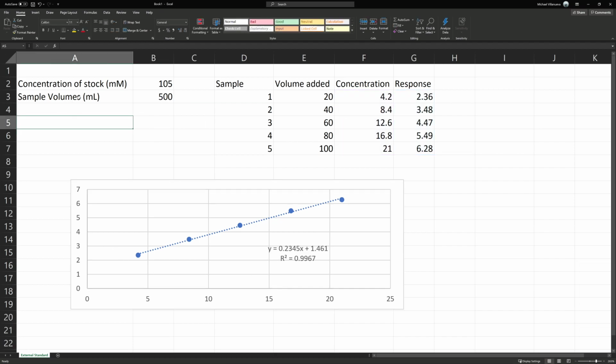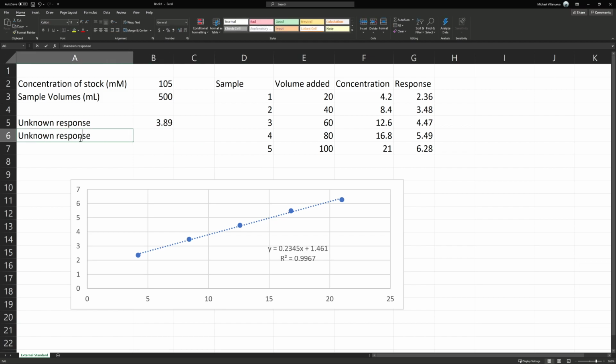Let's say we have our unknown response. So the unknown response, let's say, is 3.89.